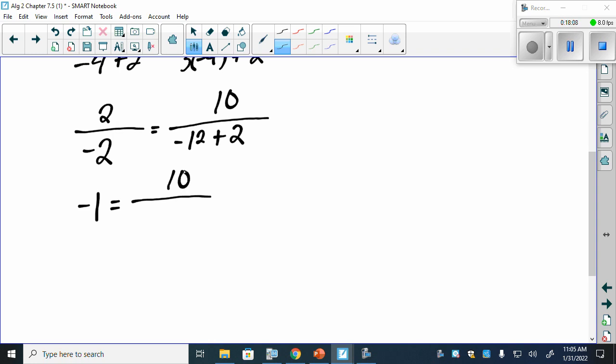Negative 12 plus 2 is negative 10, so it tells me negative 1 is equal to negative 1. Both sides are the same thing, so that is a solution. So when we have extraneous solutions, we need to be checking to make sure: do both sides give us the same thing? Do we have a number that makes the denominator 0? We have to be plugging them back in to check to see if they do work.